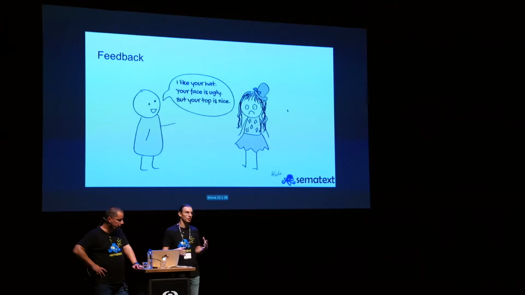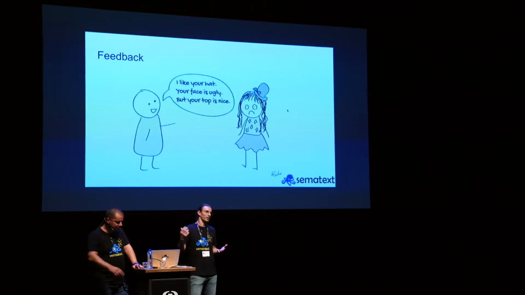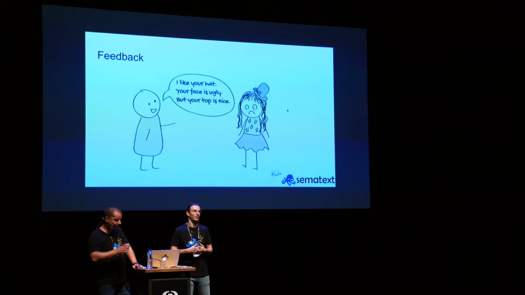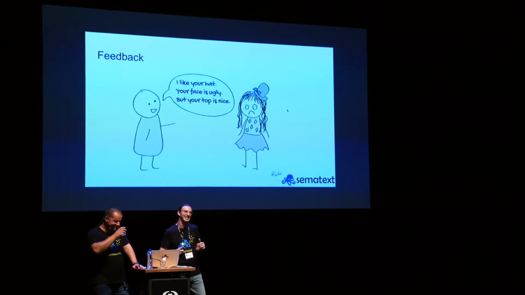When it comes to reviews, I would like to talk about feedback in general, whether it's a post-mortem, a yearly review, or a PR comment, or what have you. The thing is, we are naturally wired towards seeing what's wrong.